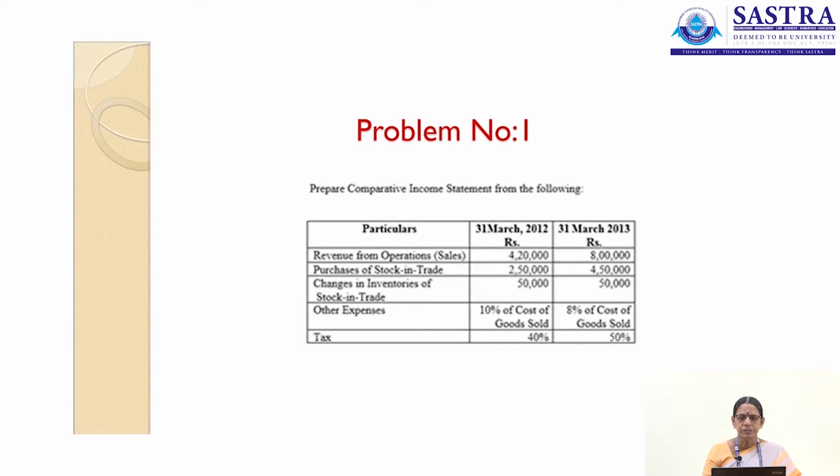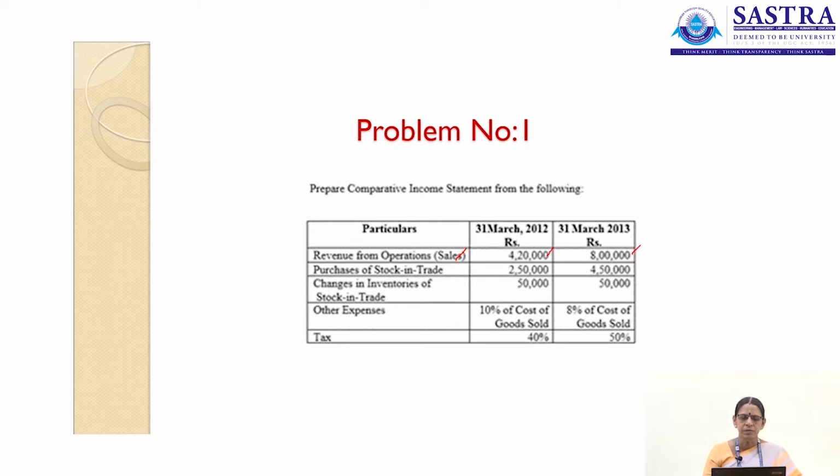Revenue from operations, sales, that is the total revenue from sales. This is on 31st March 2012, we have 4,20,000. 31st March 2013, we have 8 lakhs. Purchases of stock in trade, that is the goods purchased, 2,50,000 in 2012 and 4,50,000 in 2013.